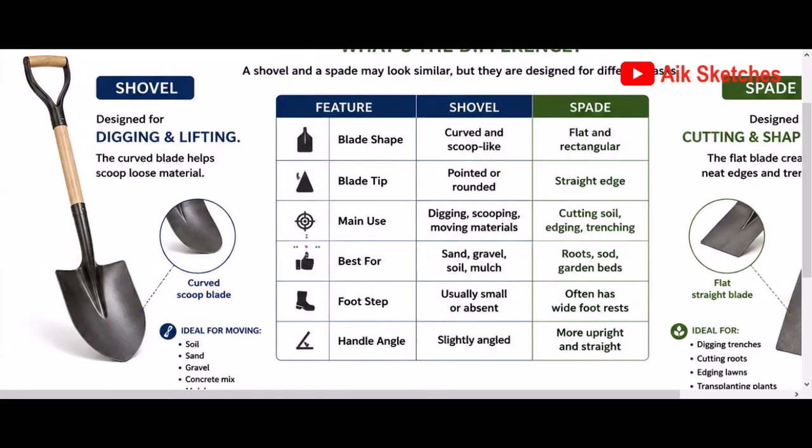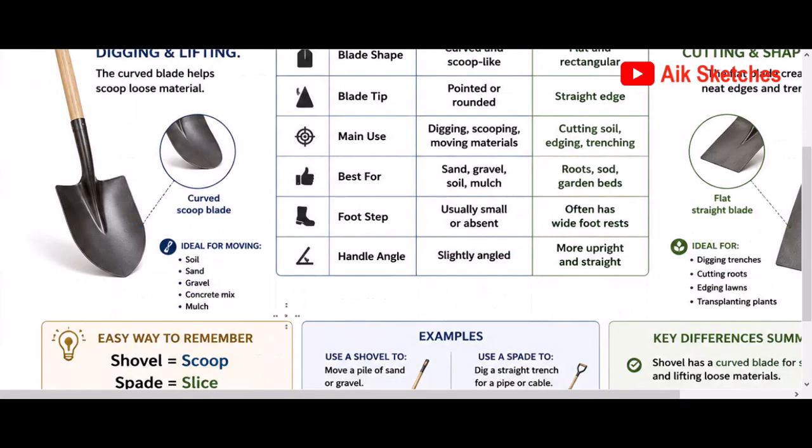From the picture, you see the blade and you see what it looks like. You see how curved it is, the curved scoop blade. Yeah, so the shovel is ideal for moving soil, sand, gravel, concrete mix, and mulch.